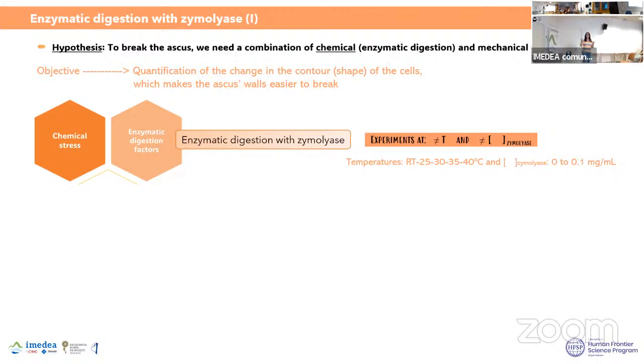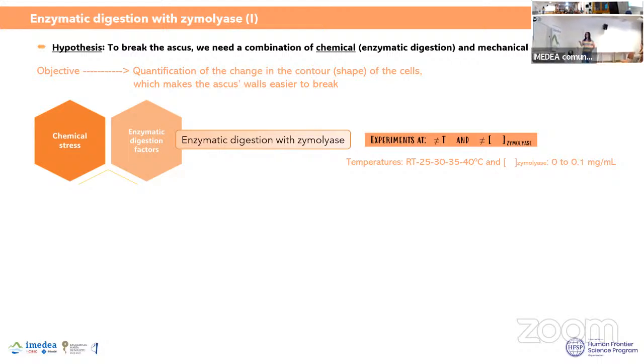Normally the cells start with a more rounded form, and when they are processed with zymolyase, they start to change shape. You will see a different shape, more like a flower, and you can tell that this is working.